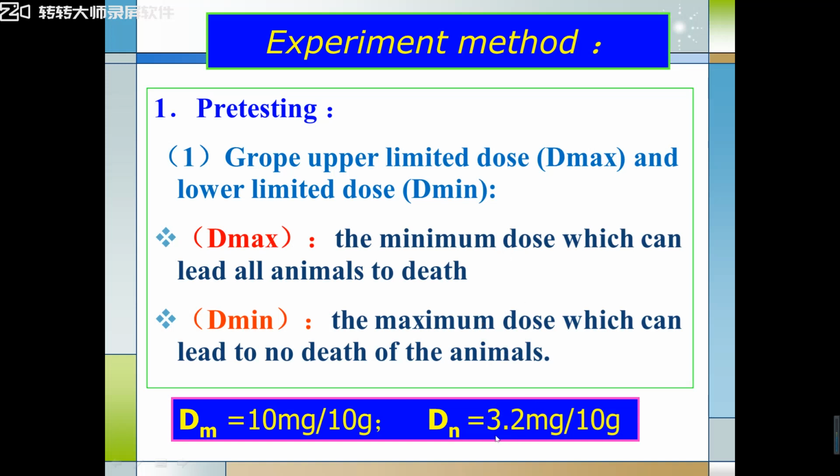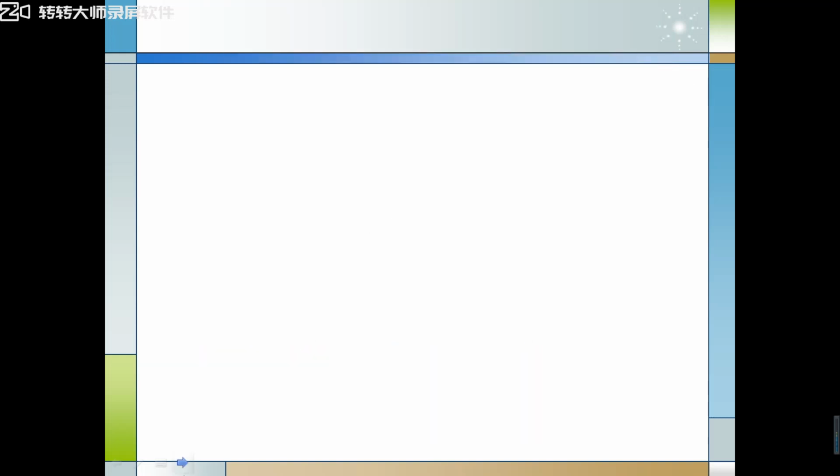And if we use doses lower than 3.2, the death rate is still 0%. Okay, the first step, we have just finished. We have grouped the upper limit dose and the lower limit dose, Dmax and Dmin.